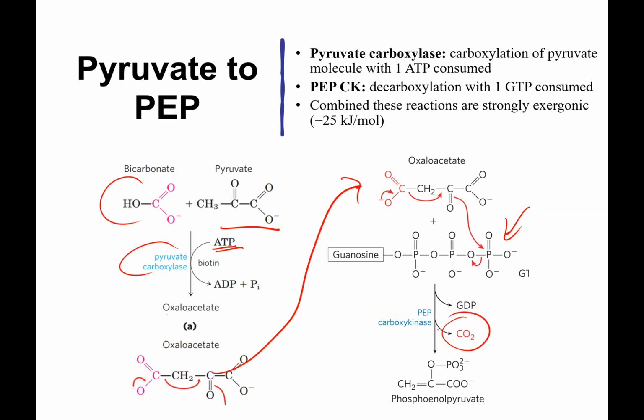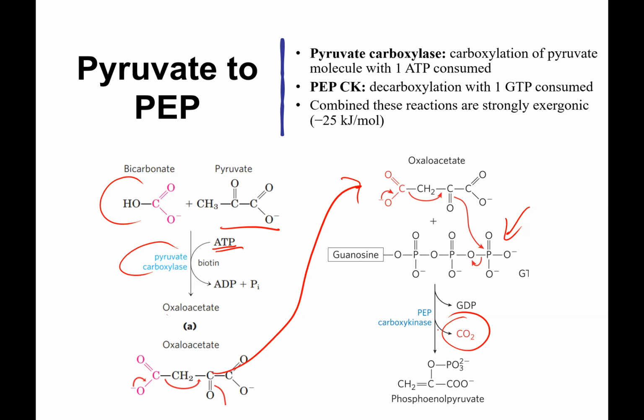This is not a mechanism you have to know, but it's here for interest, because these things are interesting. But basically, what do we need to know? We need to know that we're carboxylating pyruvate to oxaloacetate. We're consuming ATP in the process. Once we have oxaloacetate, we're consuming some GTP, and we're releasing the carbon dioxide and forming PEP.